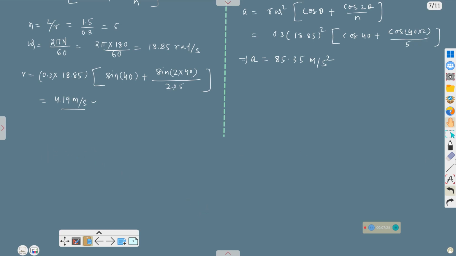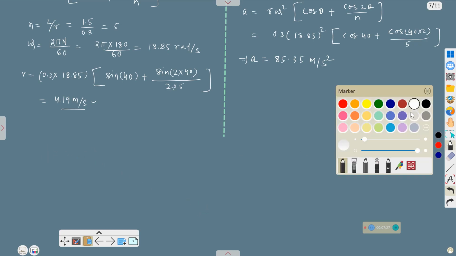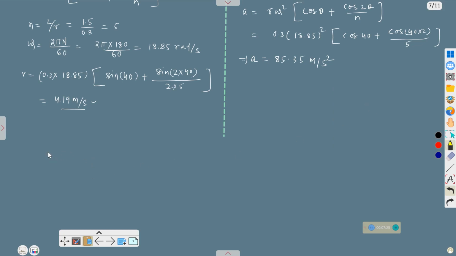So this is the expression, let us use some other color. Okay, so I can write down, this is the acceleration of the piston, and the expression is r omega square times cos, in place of theta let us write some other angle, theta 1, plus cos 2 theta 1 divided by n.